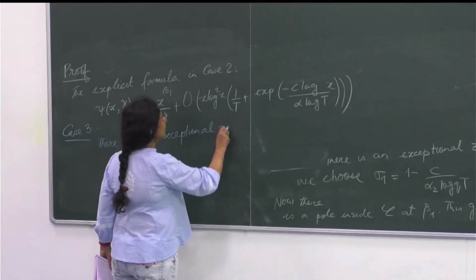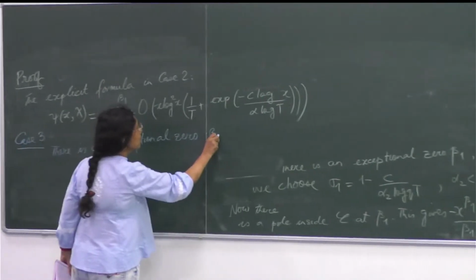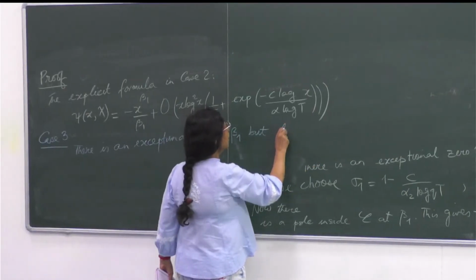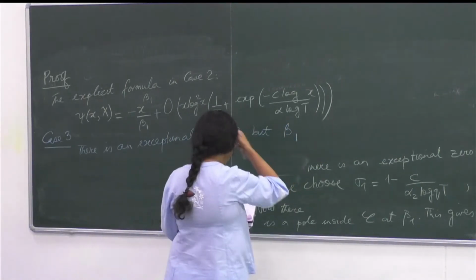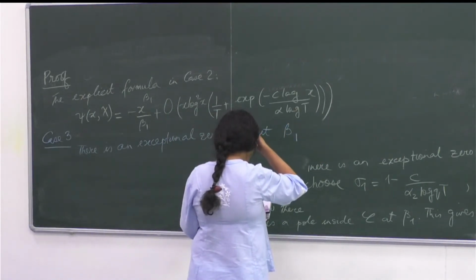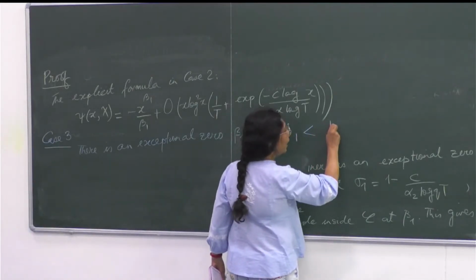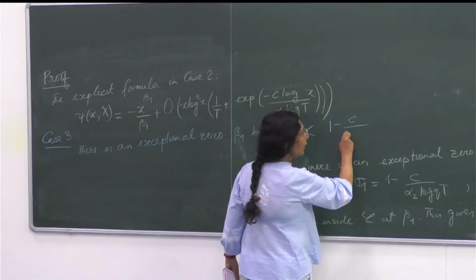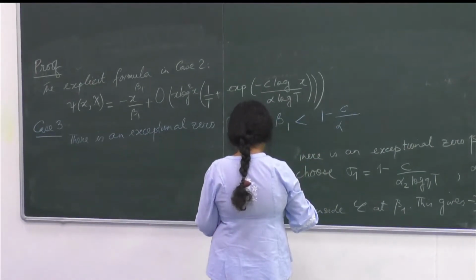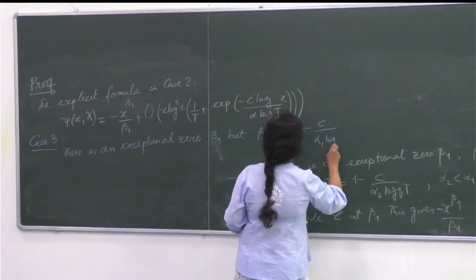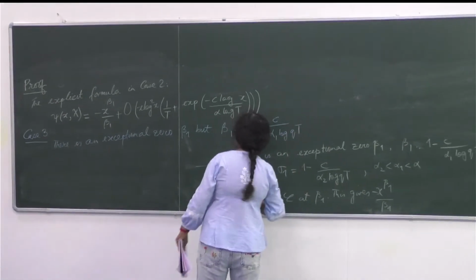The exceptional 0, which is beta 1, but this time beta 1 is, the earlier beta 1 was greater than or equal to, so this time beta 1 is less than 1 minus c by alpha 1 log qt. Okay.